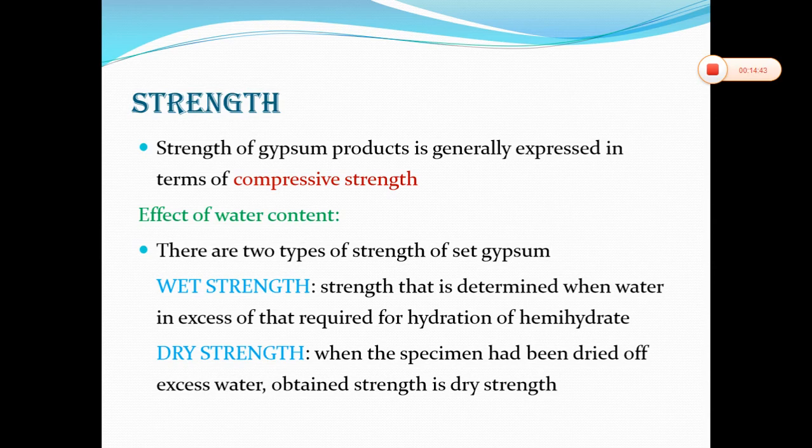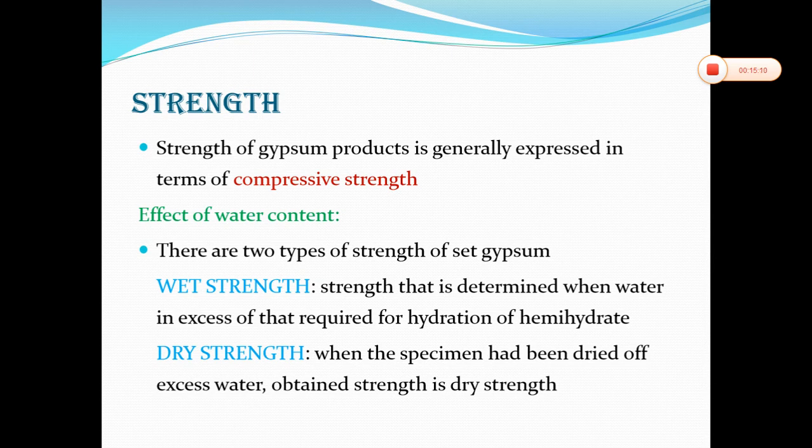Strength. You remember, only after final setting does it acquire sufficient strength. Depending on the water content of the product, we term it wet strength and dry strength. Strength of gypsum products is generally expressed in terms of compressive strength. Depending on the water content, there are two types: wet strength and dry strength.